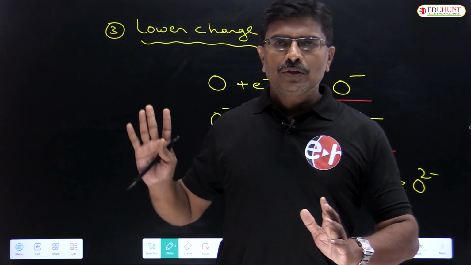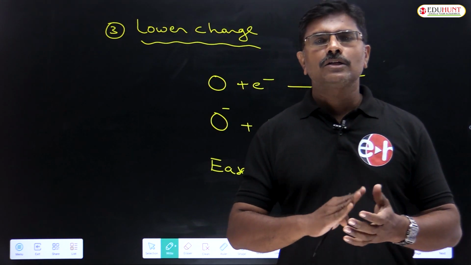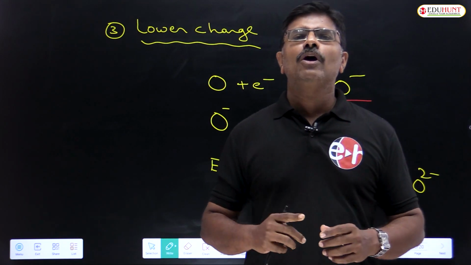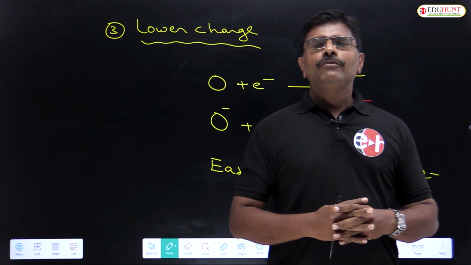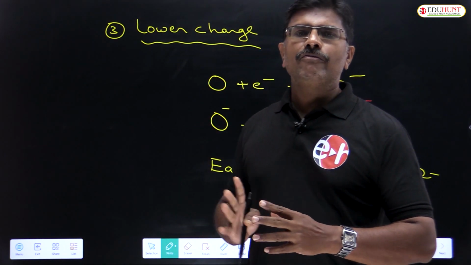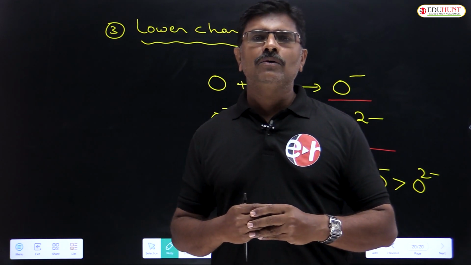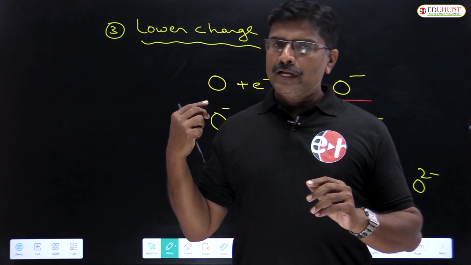Got my point? So these total 7 factors are the favorable conditions for the formation of ionic bond. Okay? So all of you please try to understand these 7 factors which we discussed until now, which are relatively very easy. Try to memorize these things.